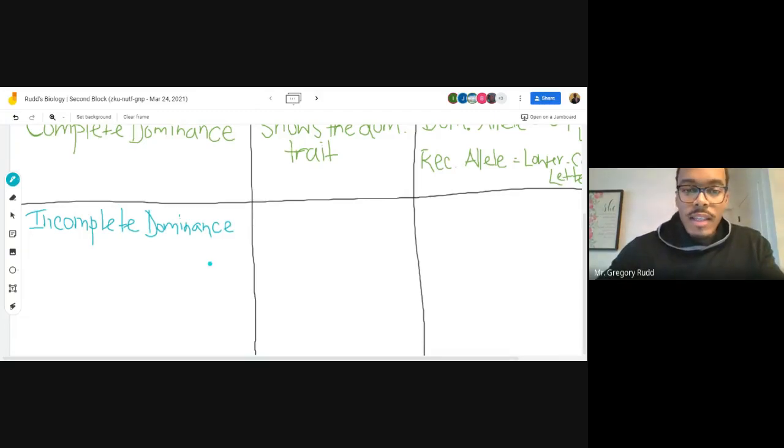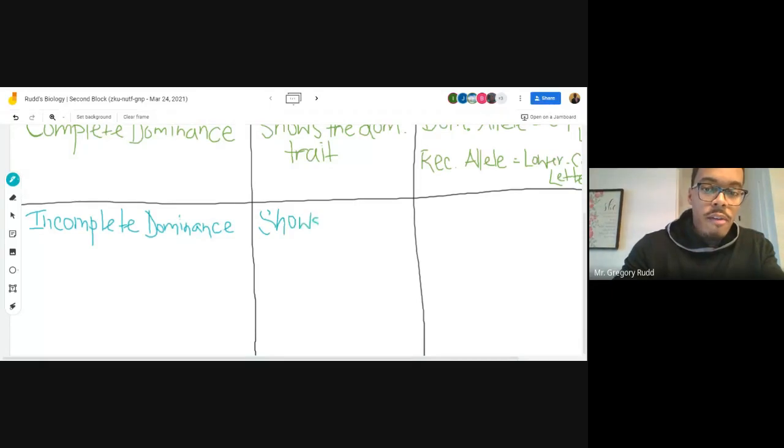The heterozygous genotype for incomplete dominance shows a blend of the two traits, so of the dominant and recessive.